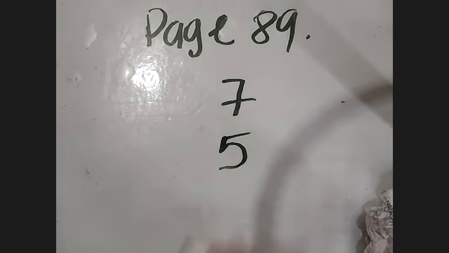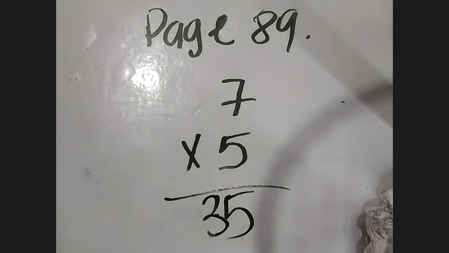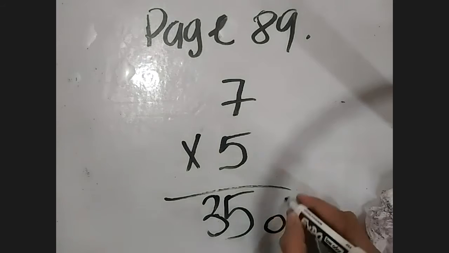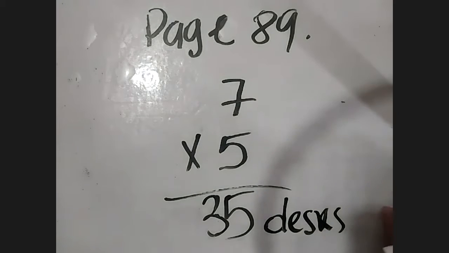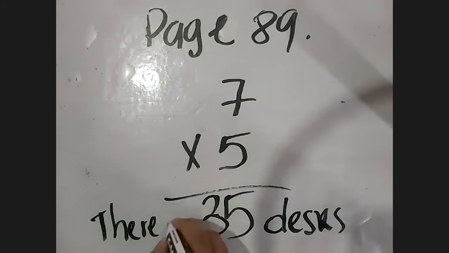All right, and then you multiply 7 times 5. Write the answers. There are 35 desks in total.